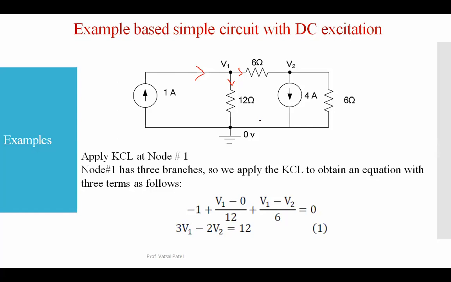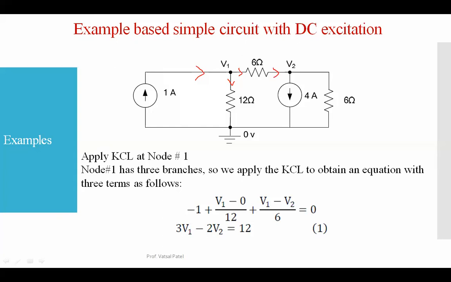Now if you apply the KCL at node number 2, how many branches are connected at node number 2? Can you tell me? 3. Exactly. So this is our first branch.